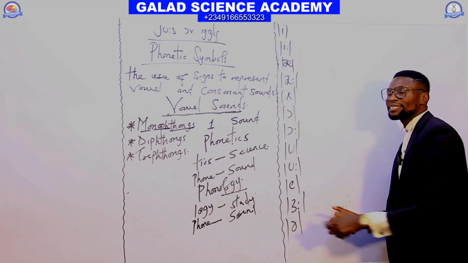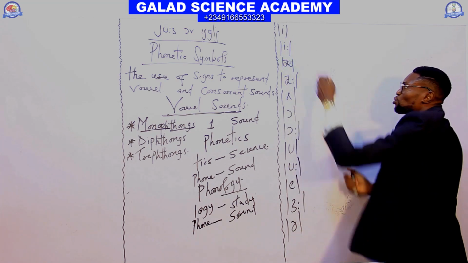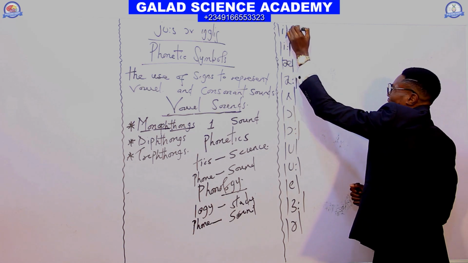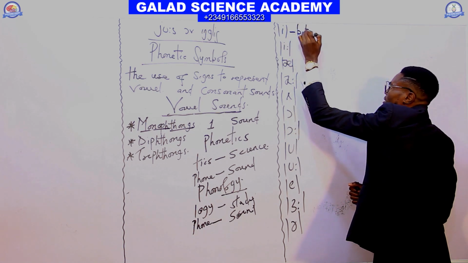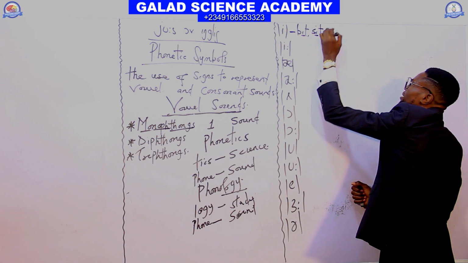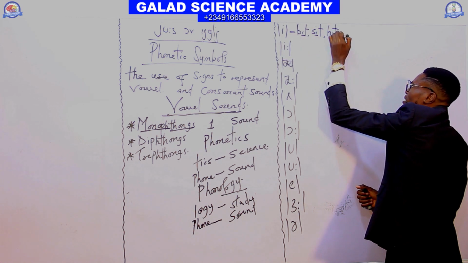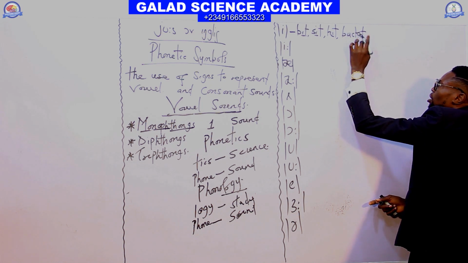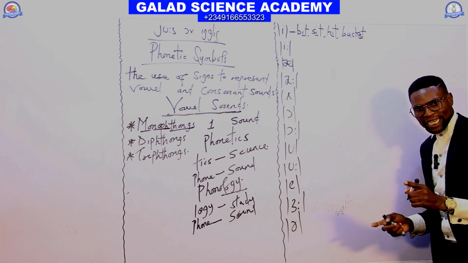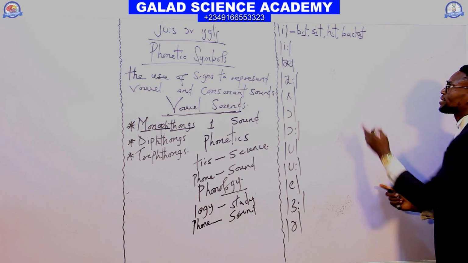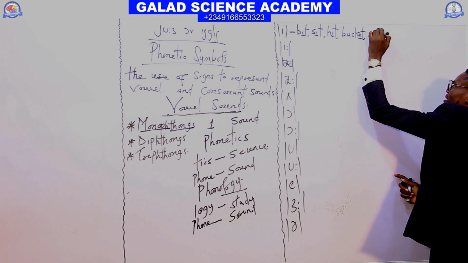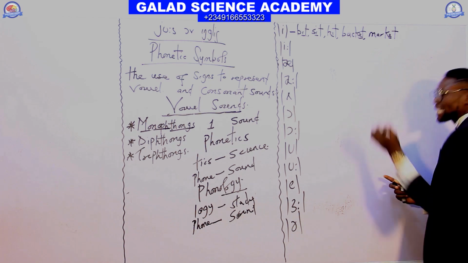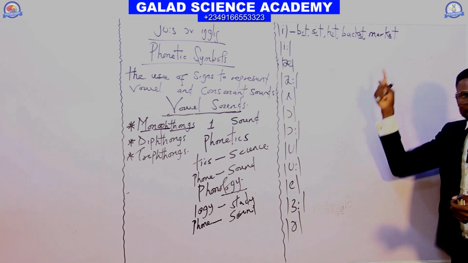If you look at the first one, E as in beats, sits, eats, buckets. It's not called bucket, it's called bucket. Market is not called market, it's called market.